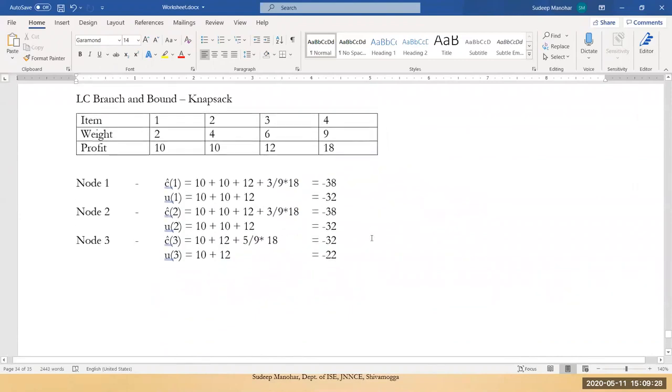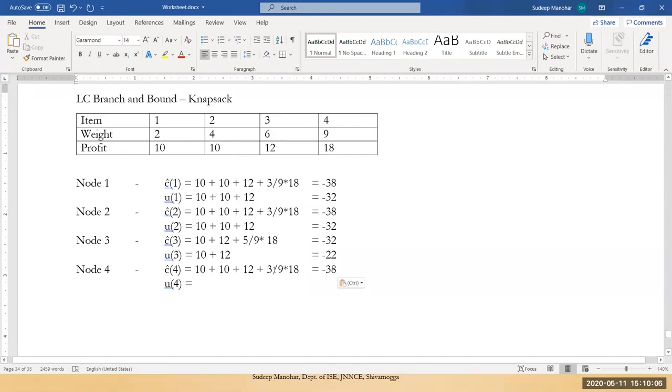So if you calculate the C of X for this node, once again you will get the same result: 10 plus 12 plus 3 by 9 into 18.